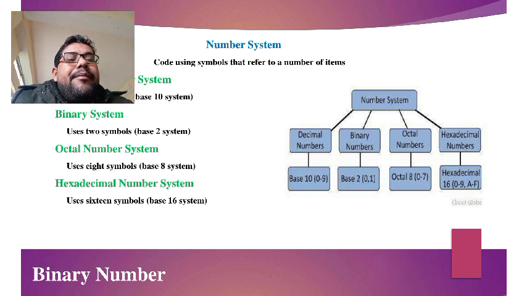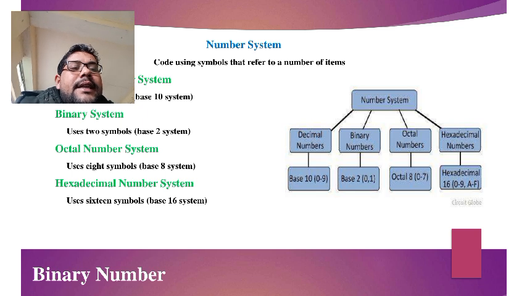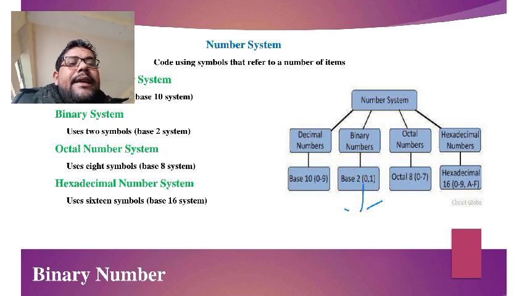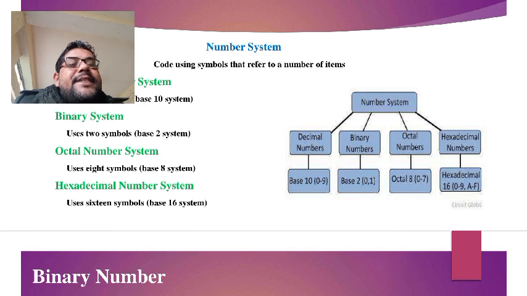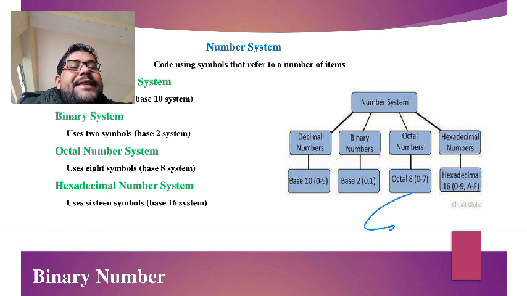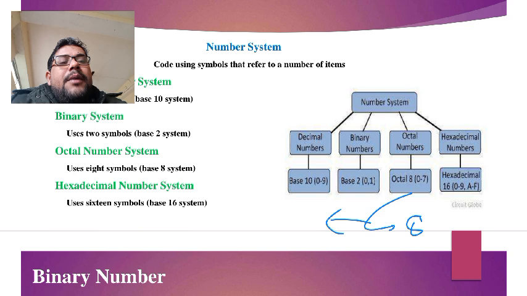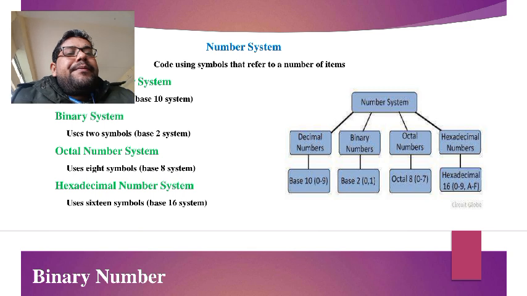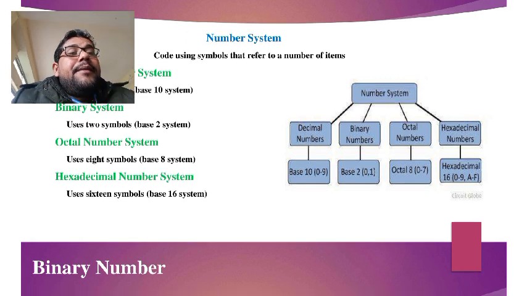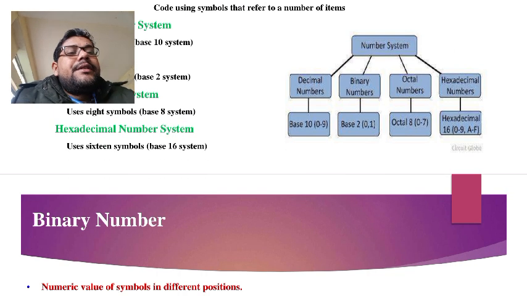Next is the binary number system. Its base is 2, and we can represent 0 and 1. Then the octal number system. Its base is 8, and the numbers used for representation are 0 to 7. Hexadecimal has base 16, and numbers can be represented in two ways.